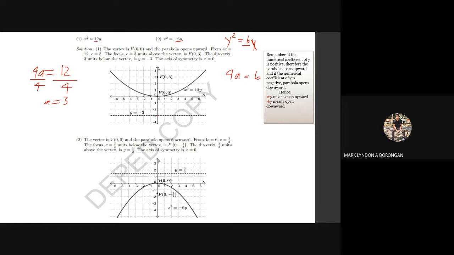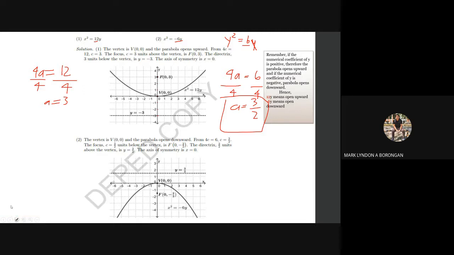Just disregard the sign, guys, because you will take care of that when plotting. So for a, divide by 4. So a will just be equal to 6 over 4, which is 3 over 2. Okay?